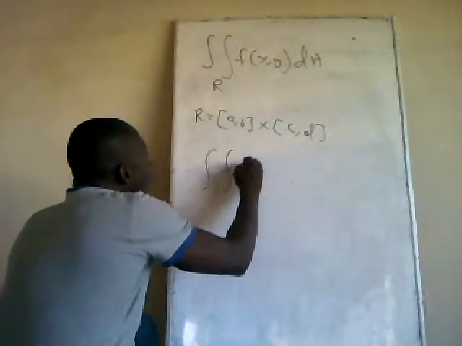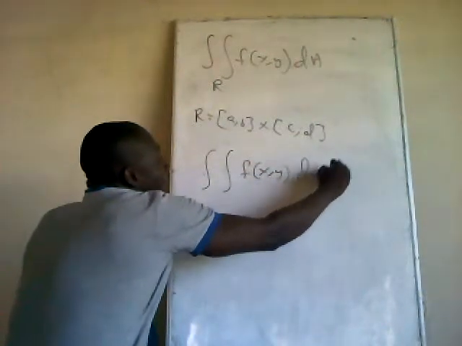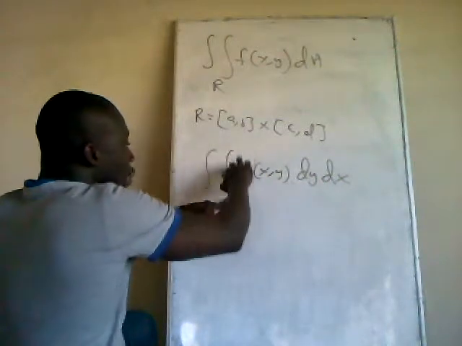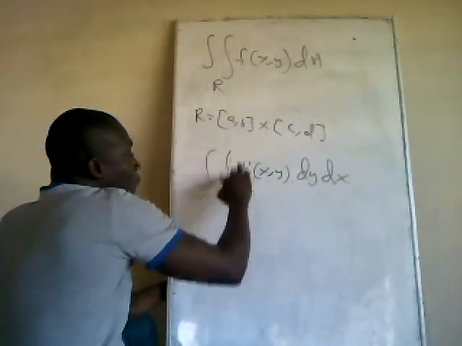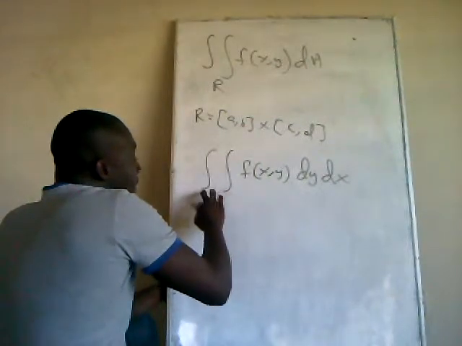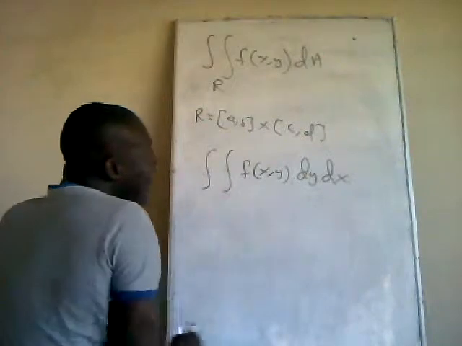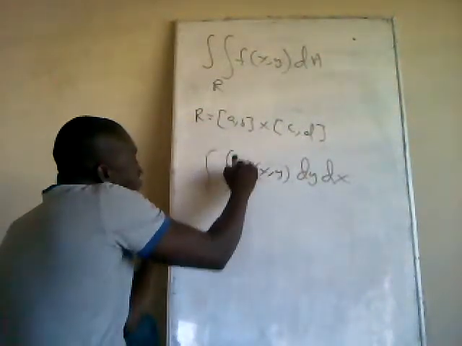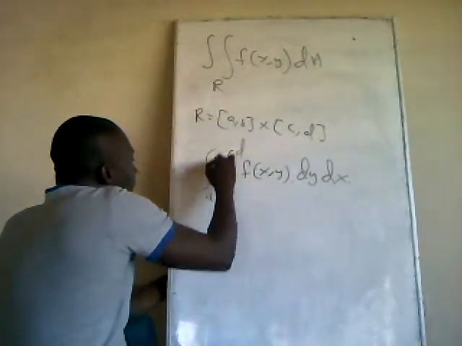If I would want to integrate first with respect to y before x, then the y limits correspond to the inner one, and the dx corresponds to the outer one. This is the interval of y and this is the interval of x. So the interval of y will accordingly come here, c to d, and that of x will accordingly come here, a to b.